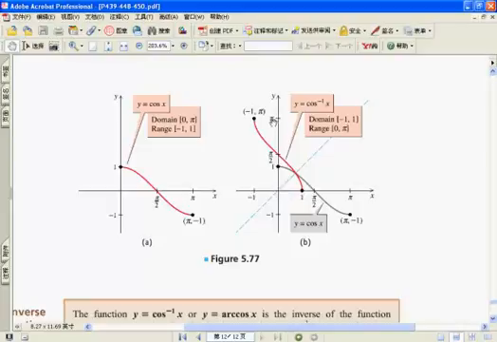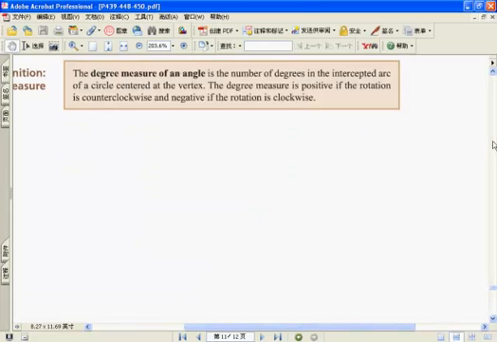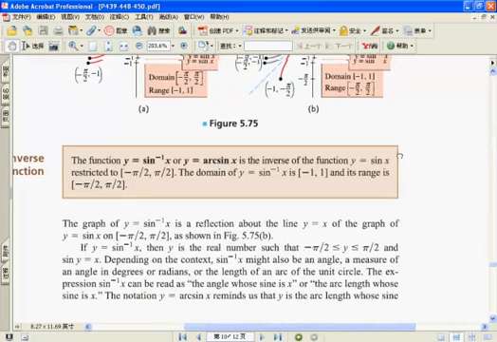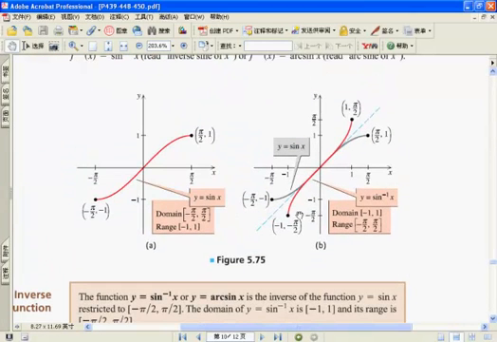So now you can see the range of the inverse cosine function is quite different from the range of the inverse sine function. What is the range of the inverse sine function? See here, right?